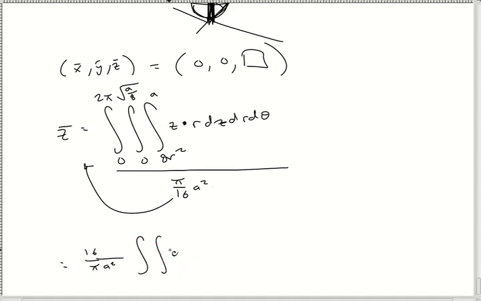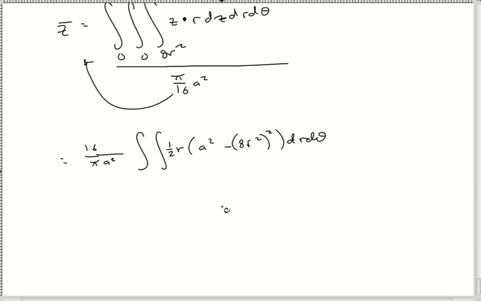Notice that we have a z this time, so when we integrate, it's going to be z squared over 2. So we actually have a 1/2 r, and then we're going to square each of the bottom and top that we get, dr d theta. What I did wrong, I did this problem and I got it wrong. I didn't know what was going on.